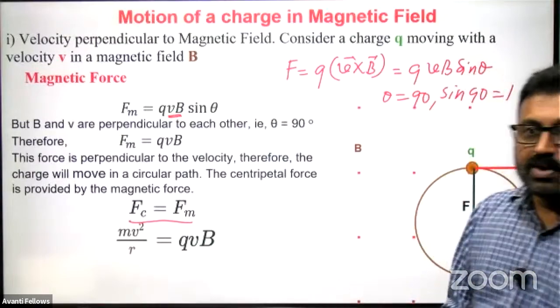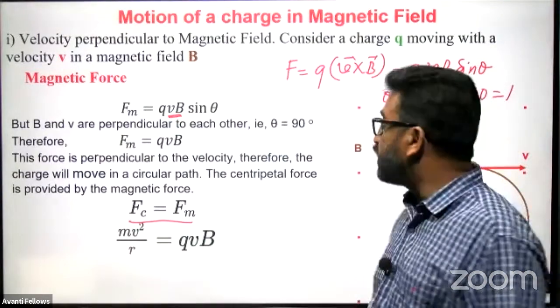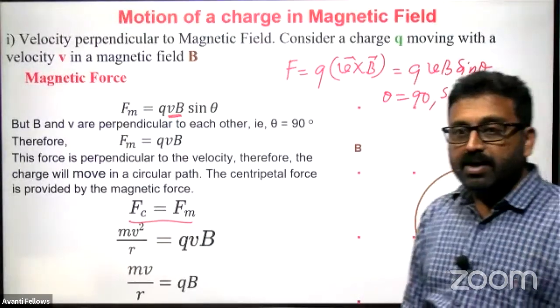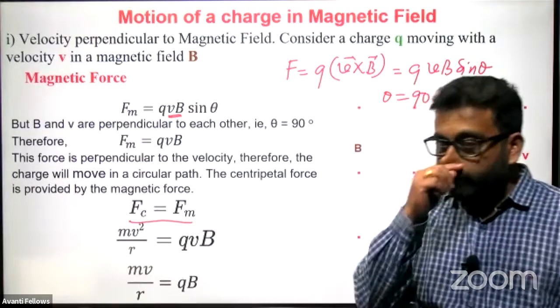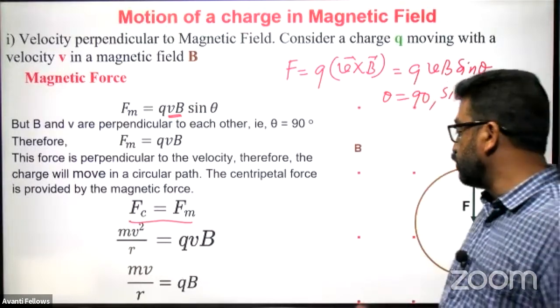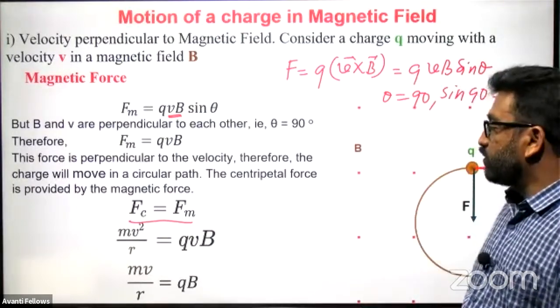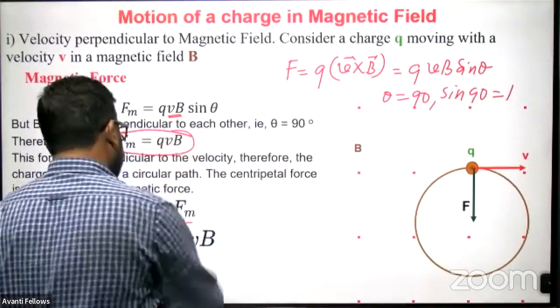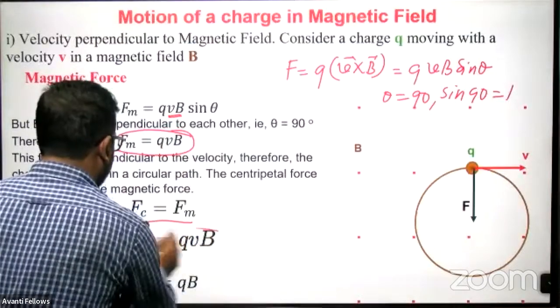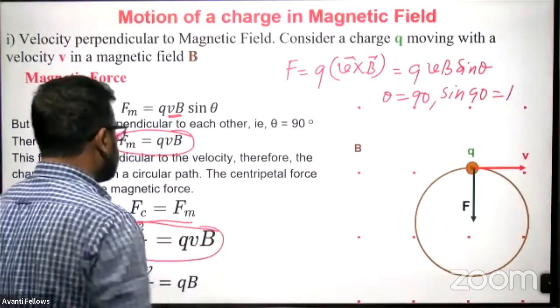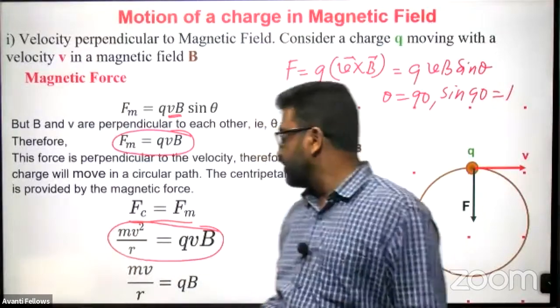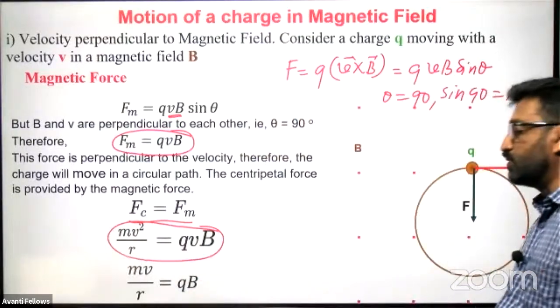The equation for centripetal force is m v square by r, that is equal to q v B, so m v by r equals q B. So only this you have to remember. Magnetic force is q v B, and that q v B is balanced by the centripetal force, then we get m v by r equals q B.